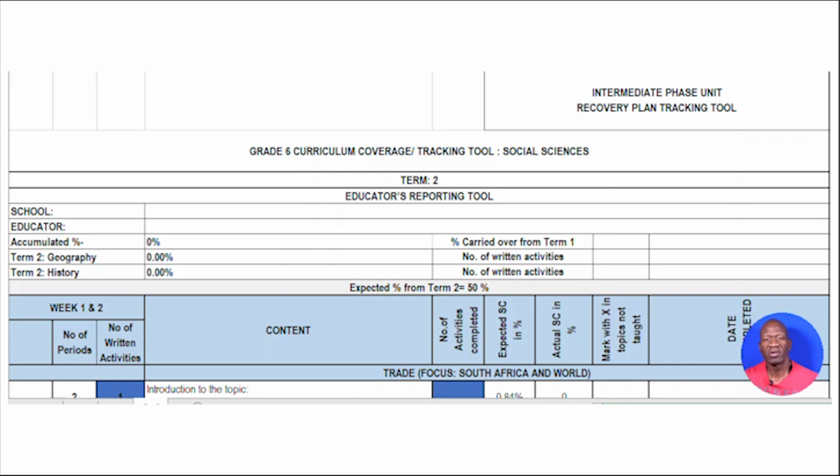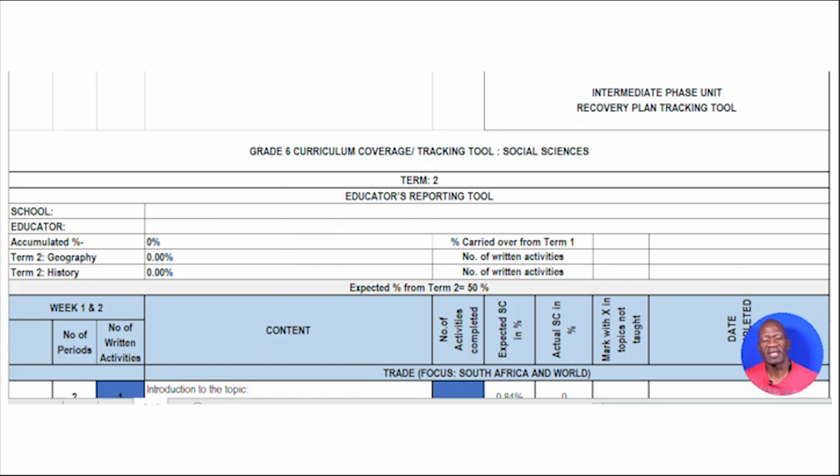Moving right along, on the screen right now you have the educator reporting tool for social sciences, which the teacher can use to track himself or herself in terms of the topics and the number of activities that have been given to learners.